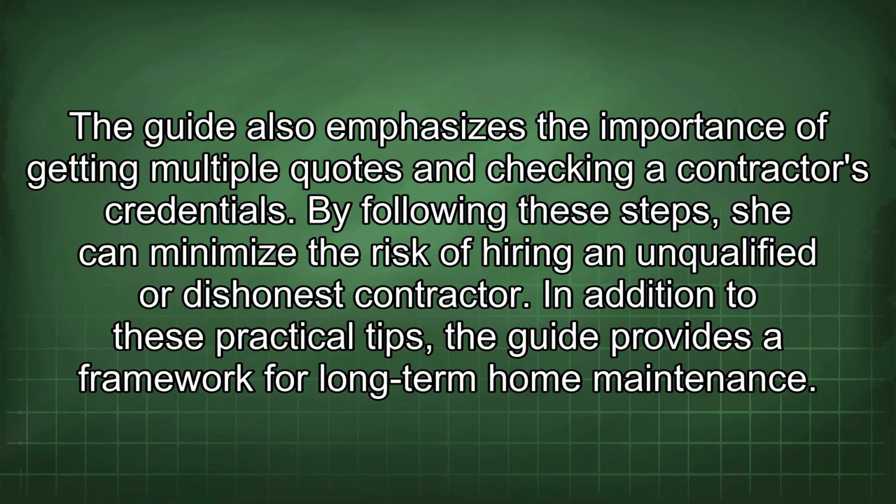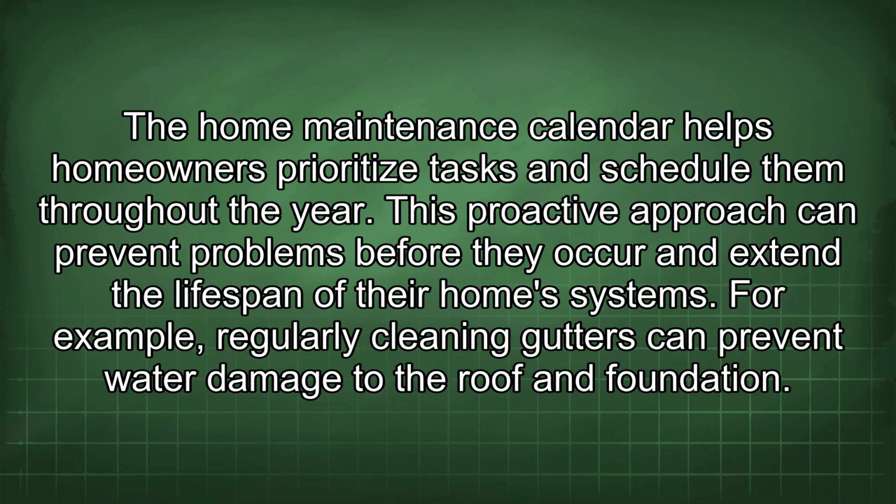In addition to these practical tips, the guide provides a framework for long-term home maintenance. The home maintenance calendar helps homeowners prioritize tasks and schedule them throughout the year. This proactive approach can prevent problems before they occur and extend the lifespan of their home systems. For example, regularly cleaning gutters can prevent water damage to the roof and foundation.